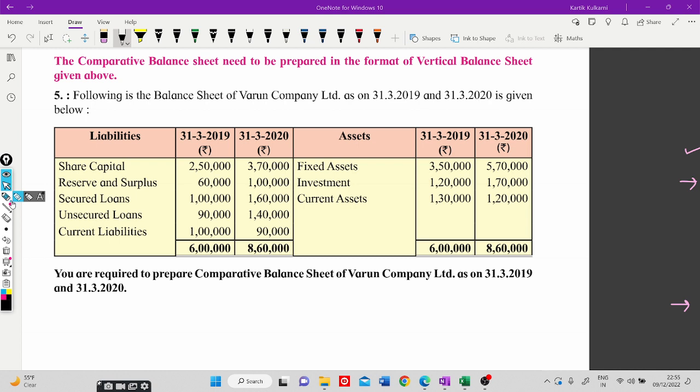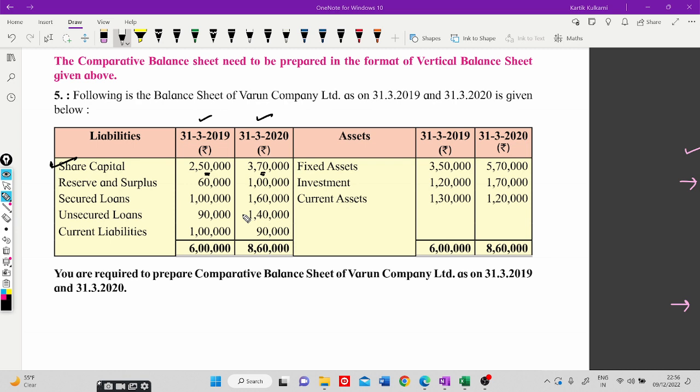For example, you can see here, if you consider share capital, the share capital as on 31st March 2019 was 2,50,000 and as on 31st March 2020 it is 3,70,000. So if you compare the data for share capital, we can see that the share capital is increased in the next consecutive year.